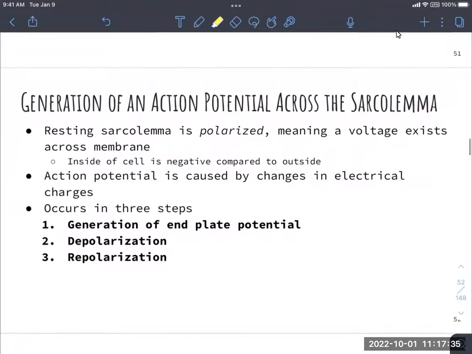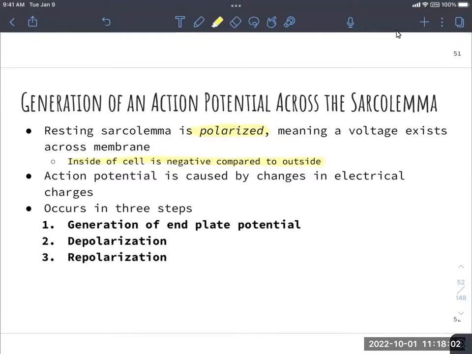So let's go back to looking at our muscle cell here. Our sarcolemma, just like our neuron, is polarized. It has that voltage, where I said it was about -70, because the inside of the cell is more negative than the outside of the cell.